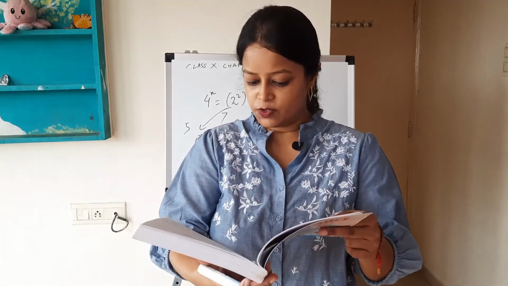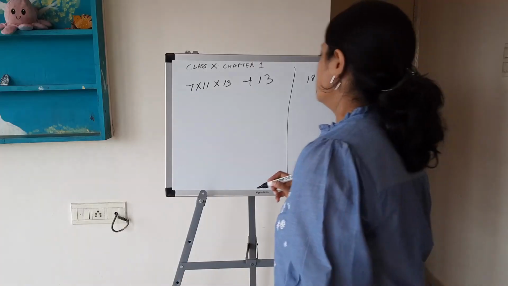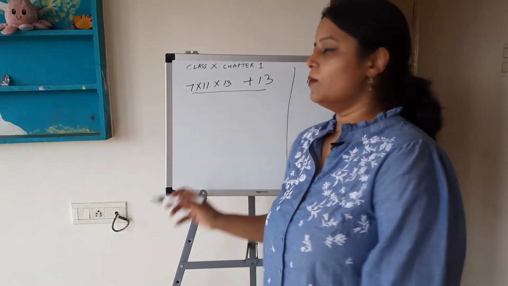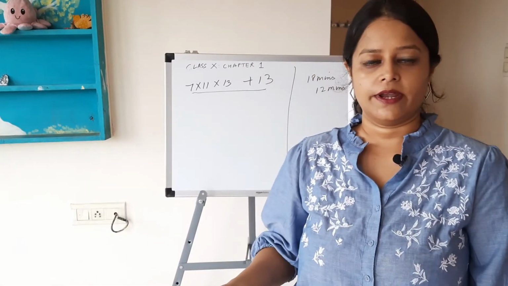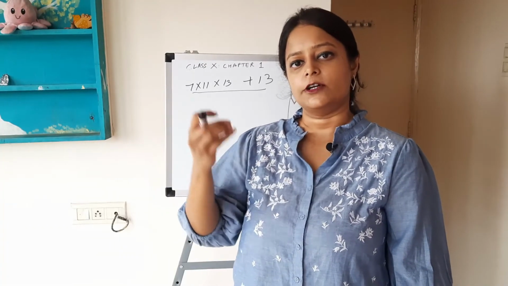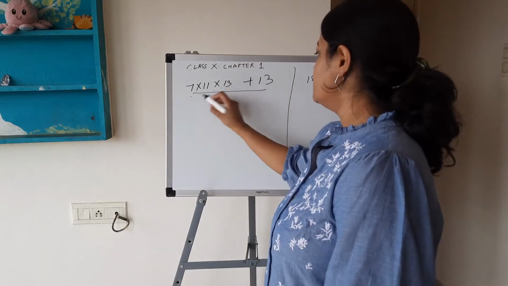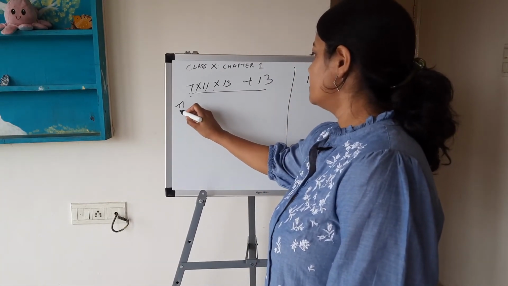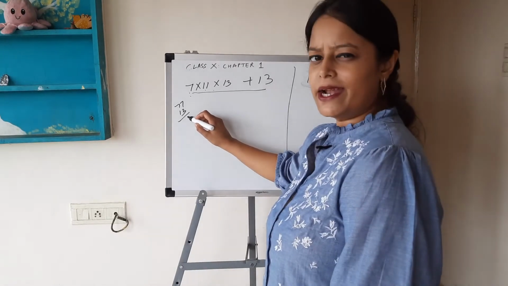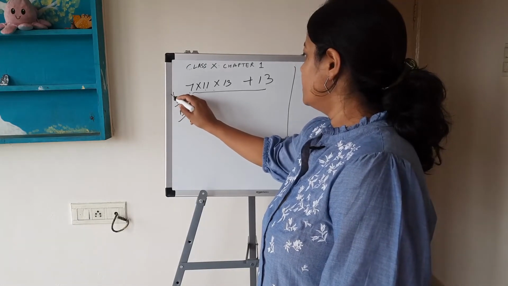Now there are 2 more questions which I would like to do in this exercise 1.1. The question is whether this is a composite number or not. So what do we mean by composite number? A composite number can be expressed as a product of prime numbers. So what will we do here? We'll simply multiply this. 77 into 11... 77 13s are... 13 7s are 91, 91 900.